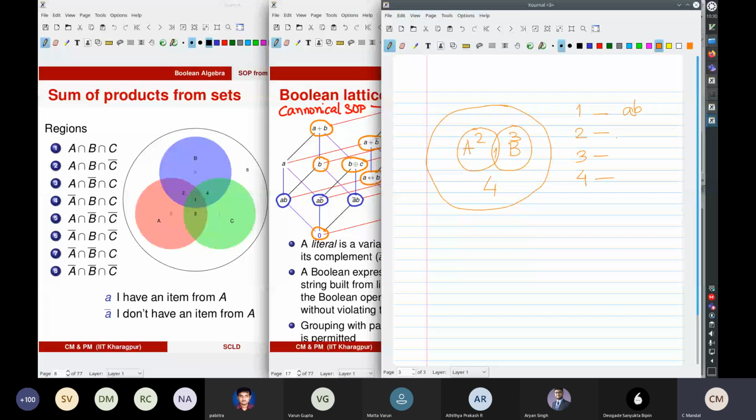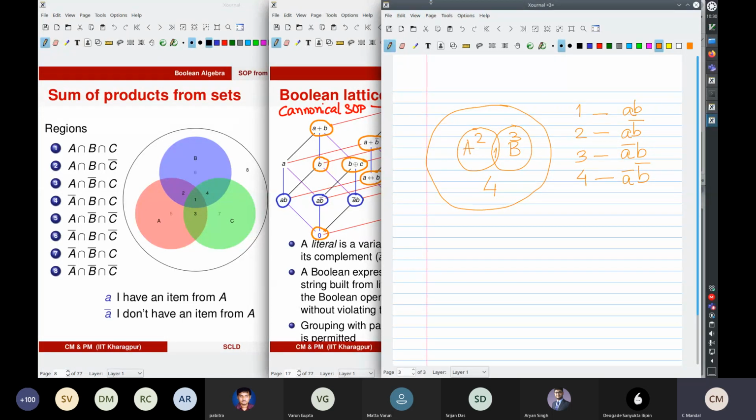For 2, A B bar. Yeah, that's right. For 3, A bar B. And this one, I think you can still tell. A bar B bar. Okay, so now you understand this. It's a simple exercise, but it's also an instructive exercise.